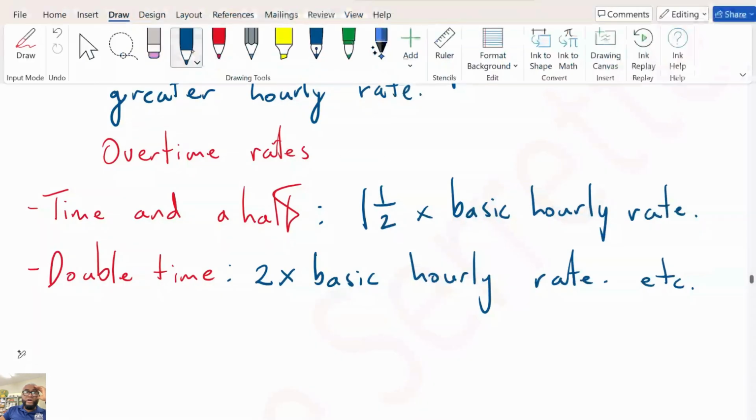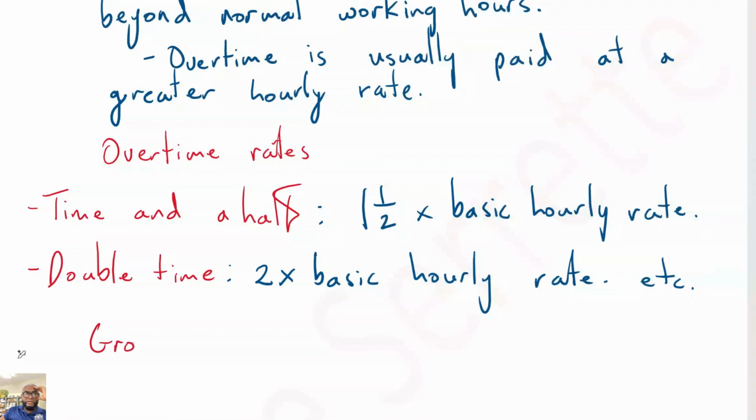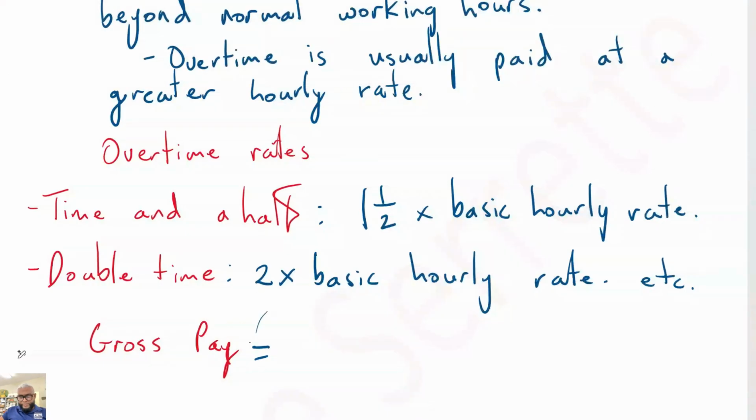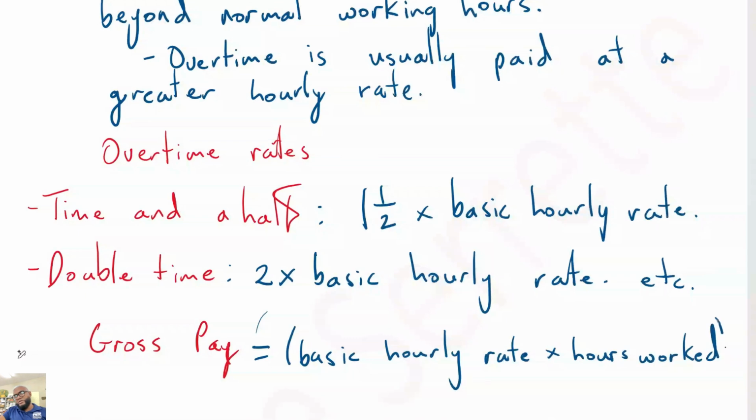So if you had to calculate your gross pay before you take out the deductions, your gross pay before deduction would be equal to your basic hourly rate times your hours worked, right?